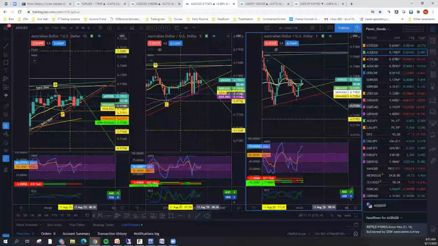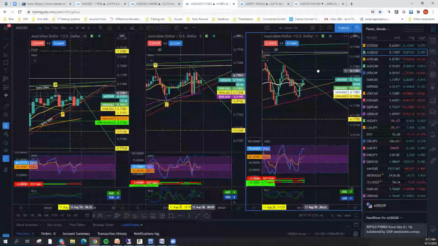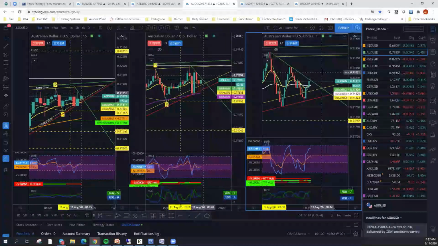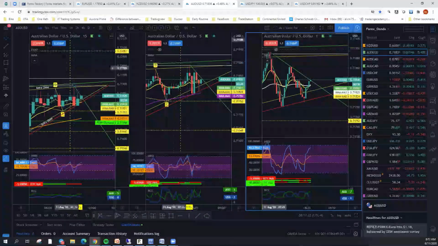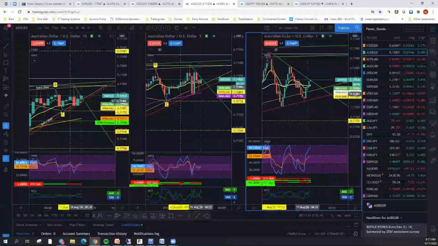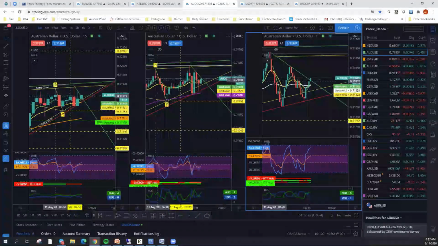It's having a hard time getting through the 62 on this 5-minute chart. And again, all of our moving averages on the 15-minute chart are all in the right direction for it to break to the upside.